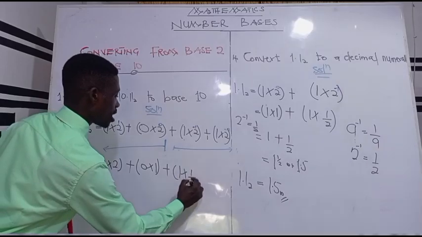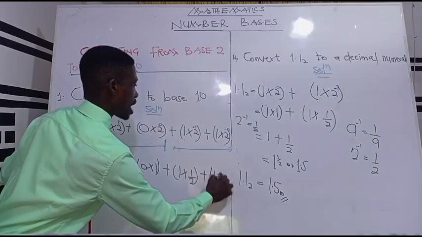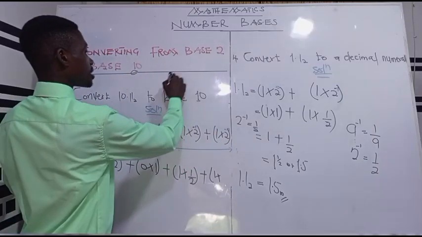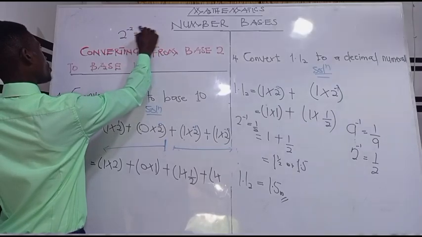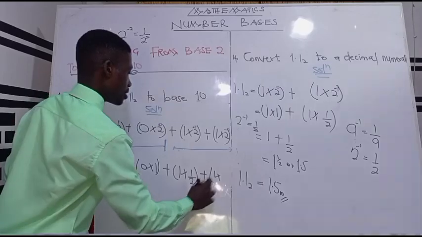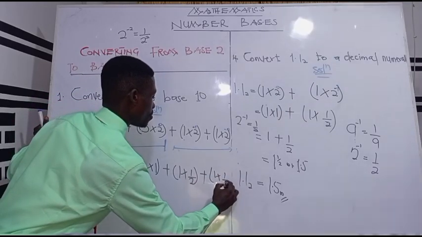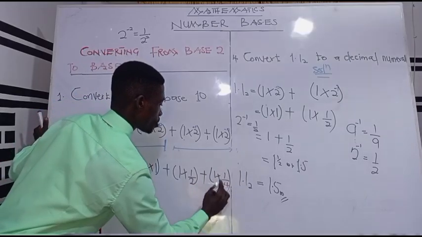So we have 1 over 2 and then 1 times 2 exponent -2 is the same as 1 over 2 exponent 2 in indices. So we have 1 over 2 exponent 2. 2 power 2 is what? 4. So we have that.